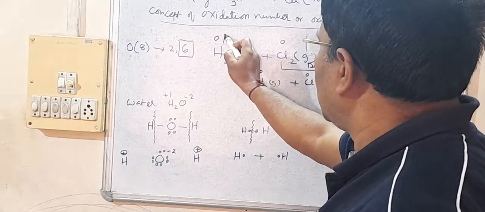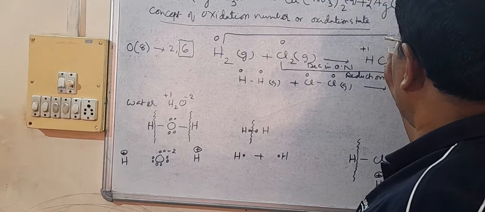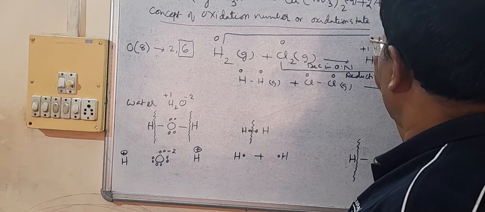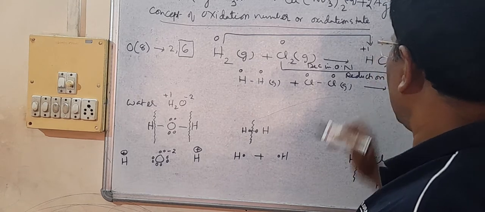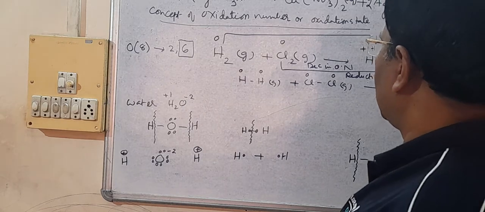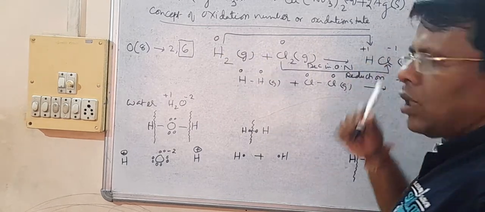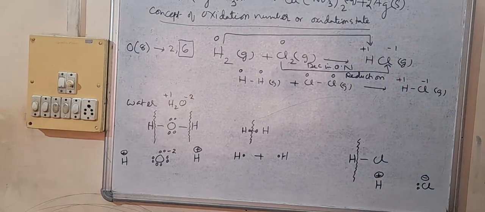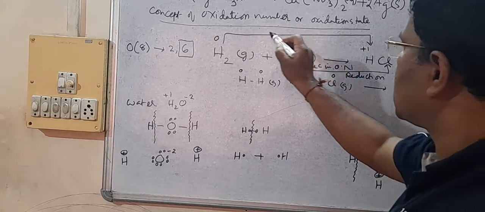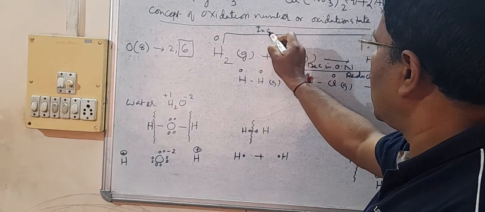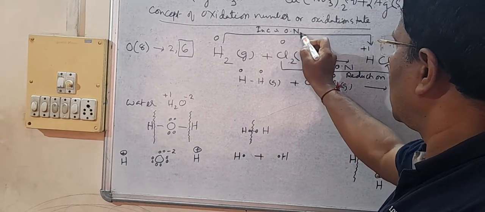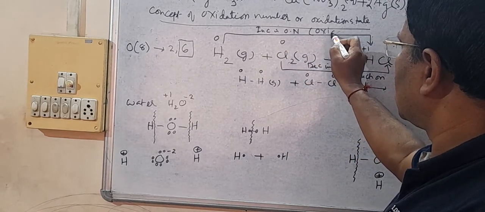And you see from here to here, 0 to +1, there is what? An increase in oxidation number. And increase in oxidation number is called oxidation.